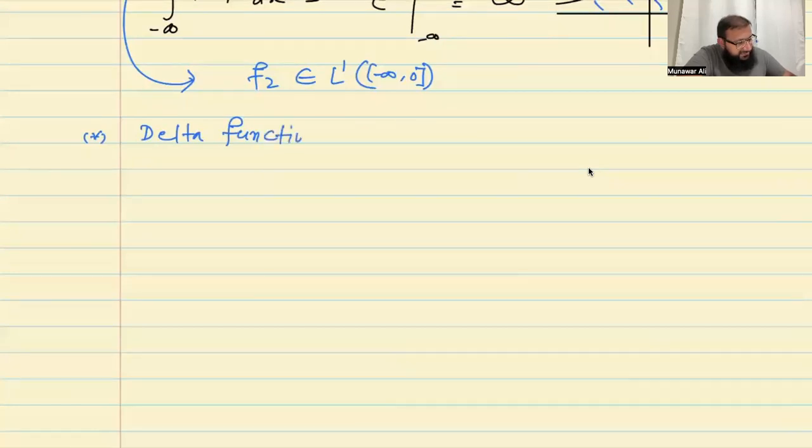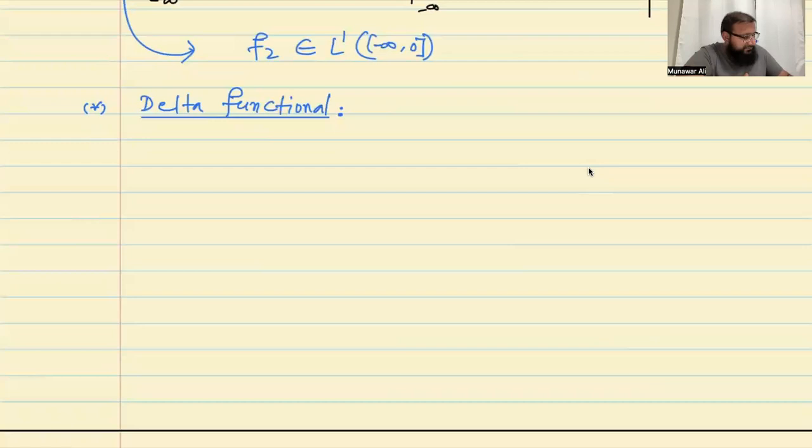And how do you define this functional? One thing is that this delta of x is not a function, but we can describe it in terms of a function.